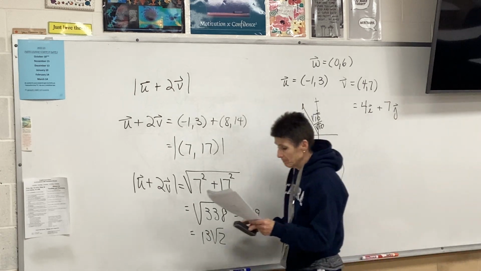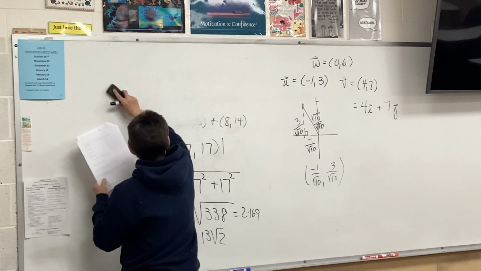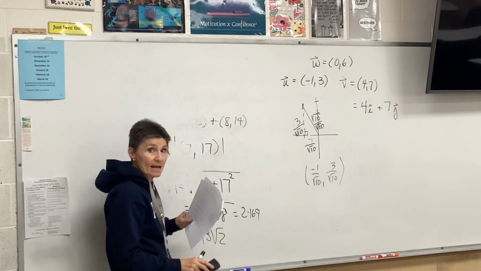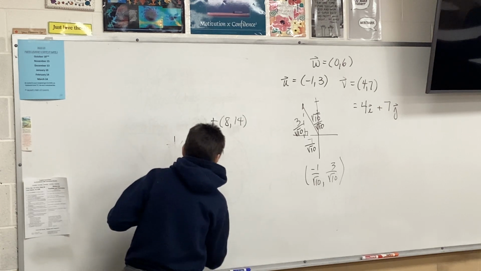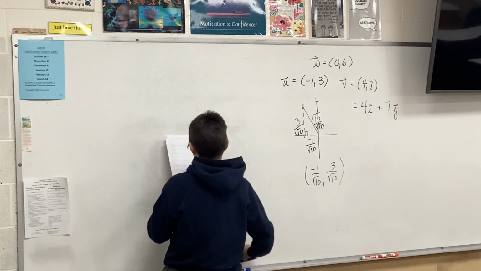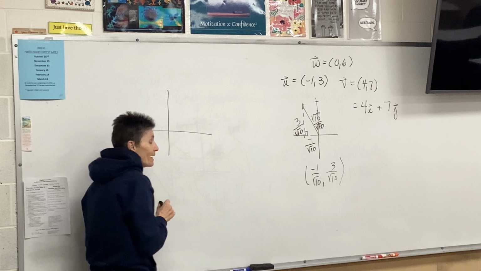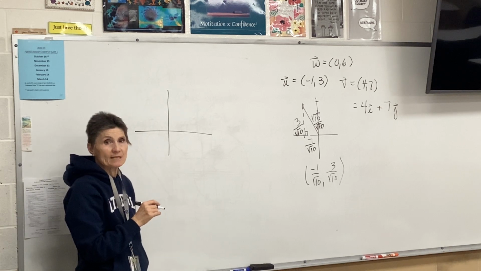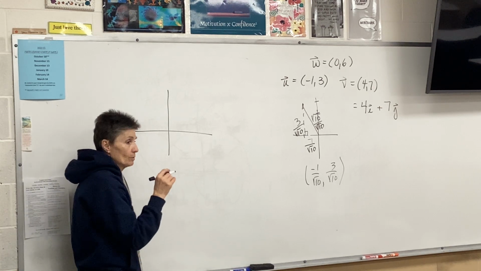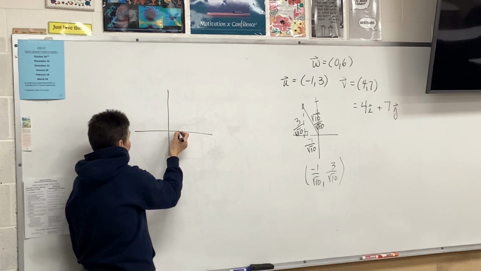Okay, number 7. Find the components, that's x and y, of the vector with a magnitude of 7 and a direction angle of 115. So, a direction angle of 115 puts us over here.